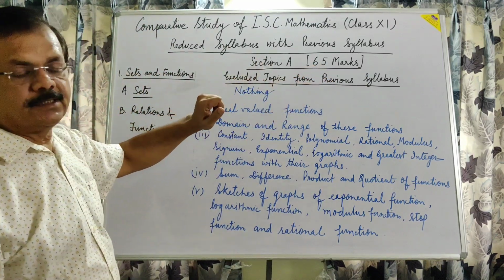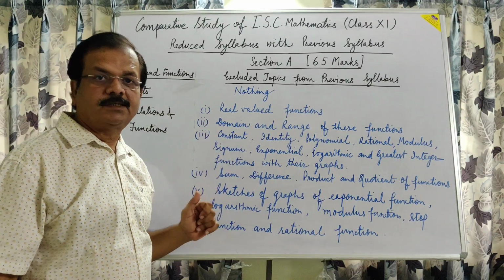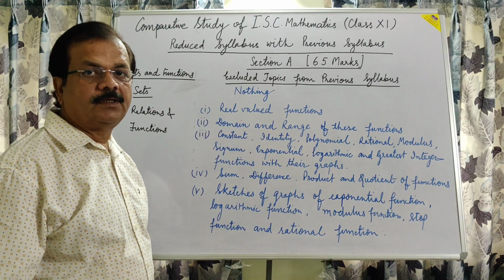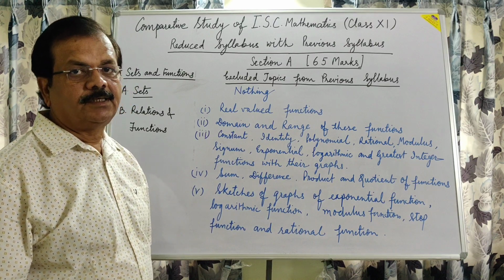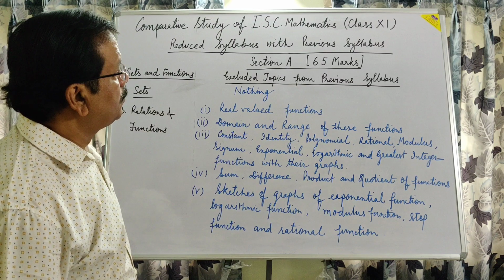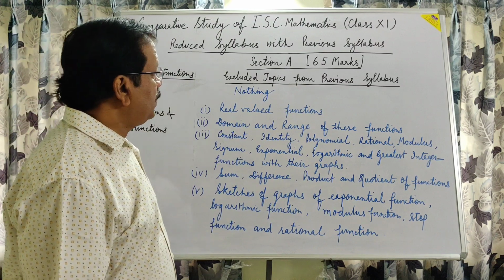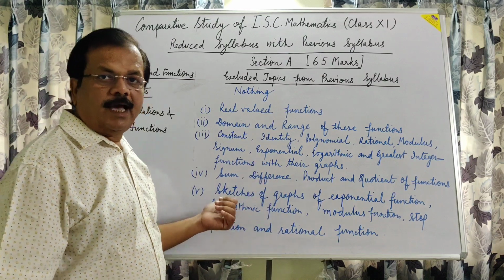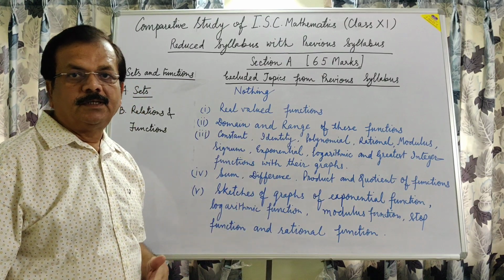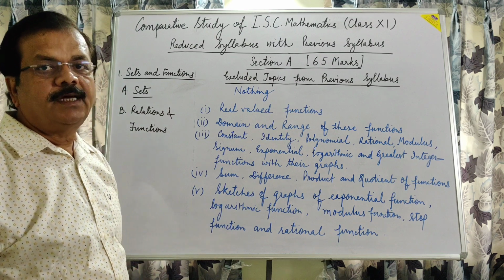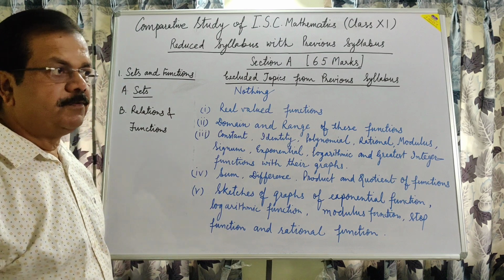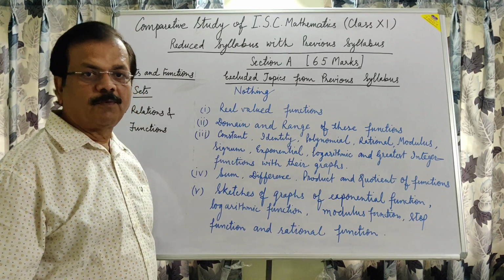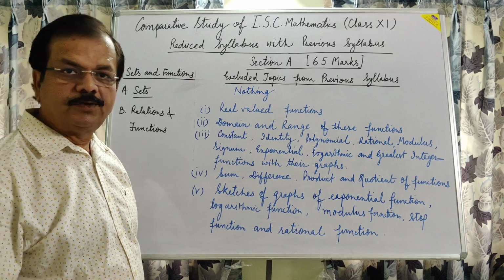Section B and Section C will be of 15 marks and the students have to select any one section from Section B and Section C. As far as Section A is concerned, so many topics are excluded from the previous syllabus, and not only chapters but subtopics inside the chapters are also excluded, and that is why the students are getting confused about which subtopic is not there in the reduced syllabus.